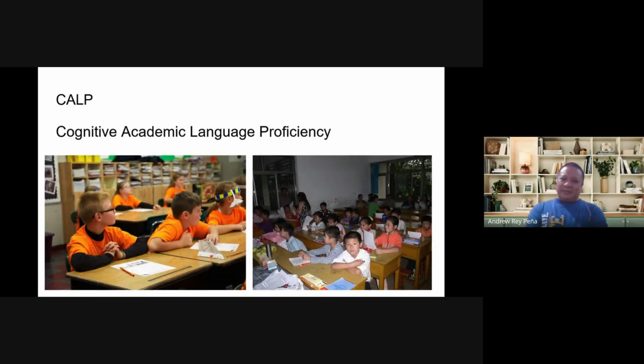Then we also have CALP, which is Cognitive Academic Language Proficiency. This is the language used in school, in formal settings, in courthouses, maybe in serious business.